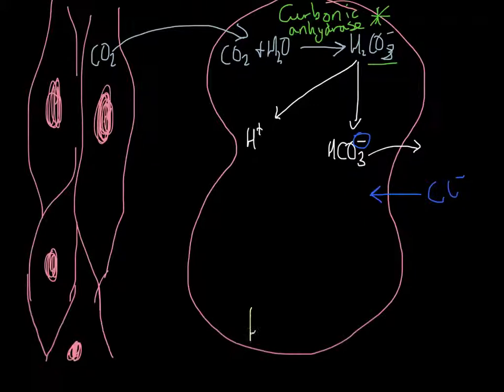The whole purpose of our red blood cells is to carry oxygen around the body. Once this carbon dioxide has diffused into the red blood cell, this respiring cell obviously needs oxygen. So the oxyhemoglobin dissociates under the influence of hydrogen ions.